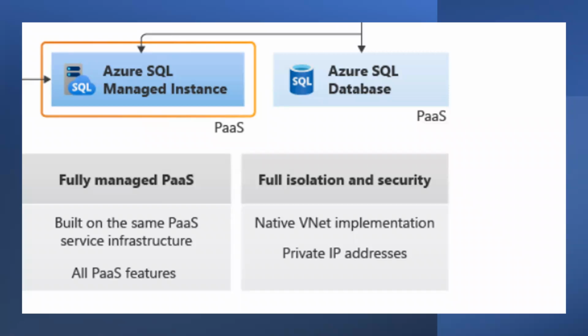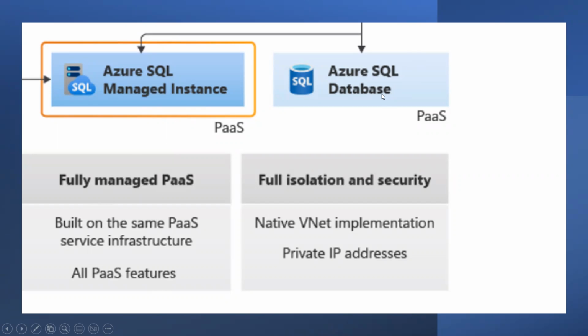As I mentioned, there is another kind of feature in Azure SQL called Azure SQL Virtual Machines, which is infrastructure as a service, but these two are platform as a service. So Azure SQL managed instance is a fully managed PaaS service, built on the same PaaS infrastructure, and it has all PaaS features.